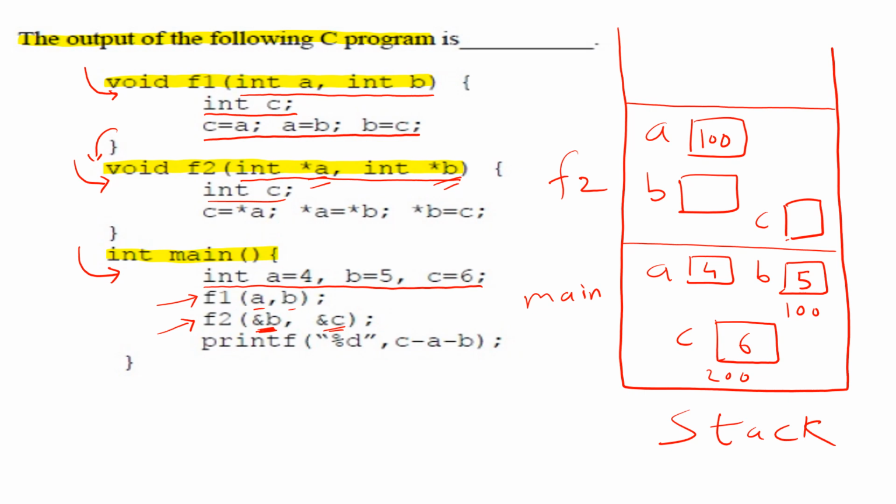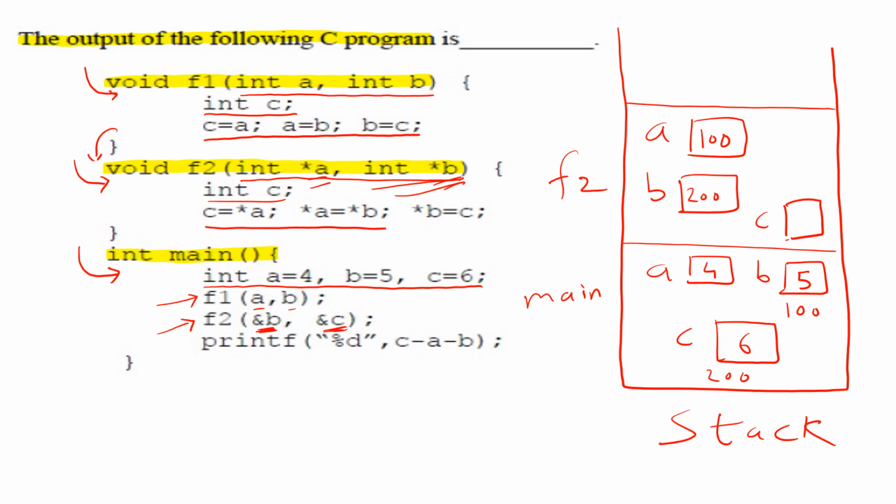So A is containing address of B, which is main's B. Similarly, this pointer variable B in F2 will hold address of C. Address of C is 200. So F2's B will be 200. So A and B are pointers. Through these pointers, you can access those variable values of B and C using star operator.